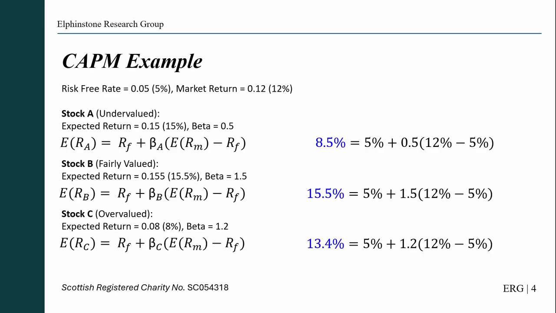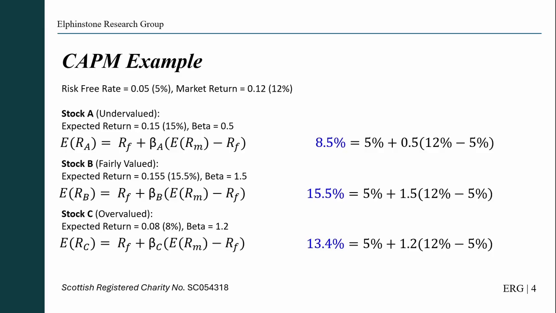However, it's important to mention at this stage that as we are given the expected return of the stocks, we do not plug it into the equation, as the return we get from the equation in this case is considered the required rate of return. When expected return is greater than CAPM, which is the required rate of return in this case, the stock pays more than the risk requires, hence why it's undervalued.